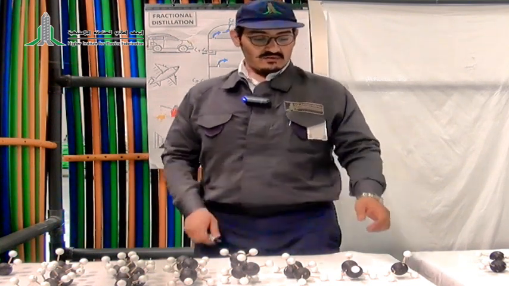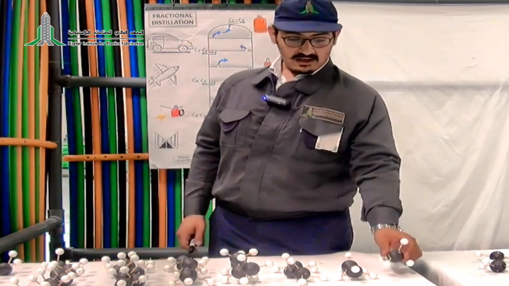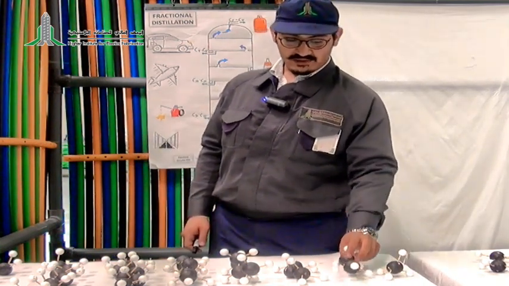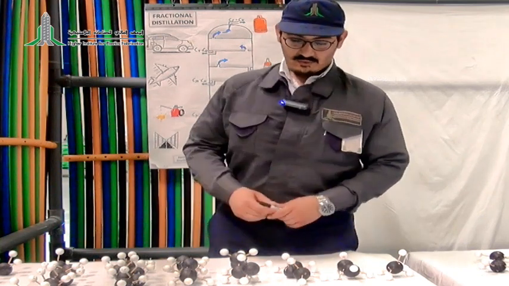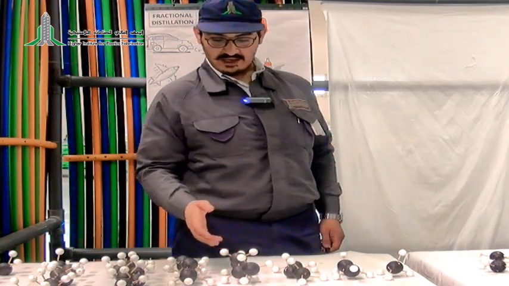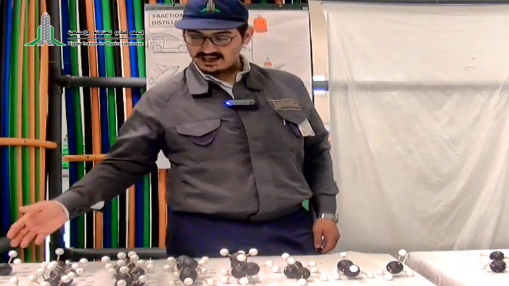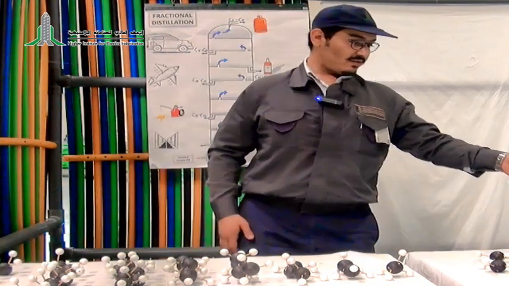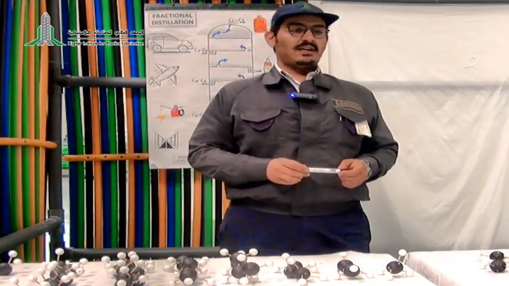The names are: for 1 carbon, methane; 2 carbons, ethane; 3 propane; 4 butane; pentane; hexane; heptane; octane; nonane; and also for 10 carbons is decane.